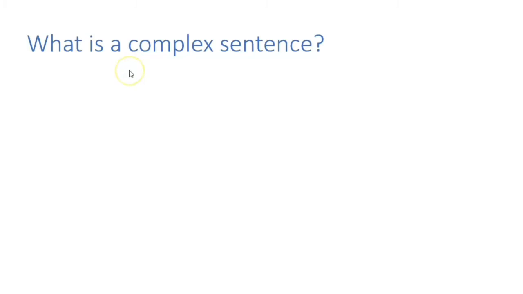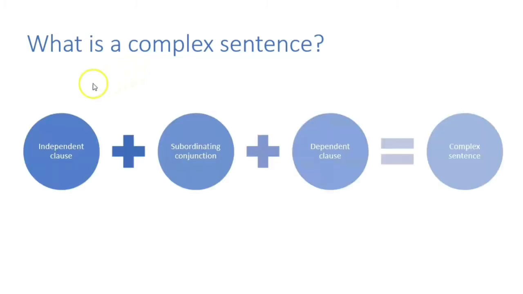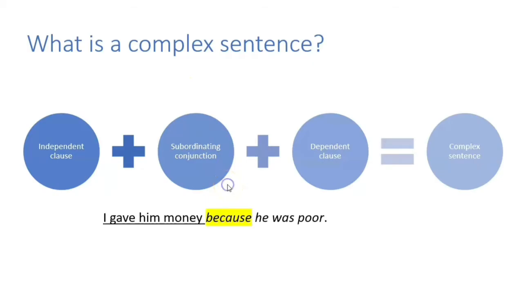Now what is a complex sentence? It's a sentence that has an independent clause and a dependent clause joined by a subordinating conjunction. The complex sentence هي جملة بتحتوي على independent clause و dependent clause مجموعين ب subordinating conjunction.